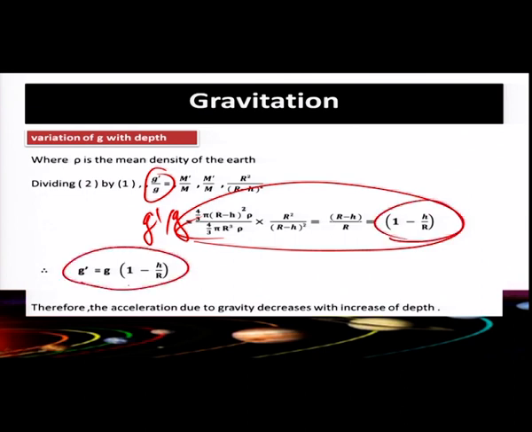Therefore, g dash is equal to g into 1 minus h by r. From this expression we can see that the acceleration due to gravity decreases with the increase of depth.